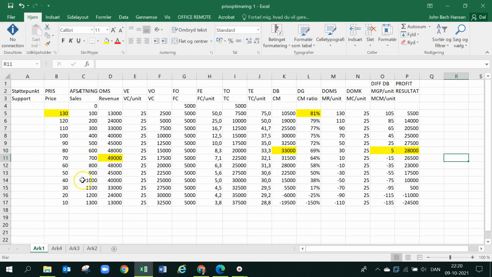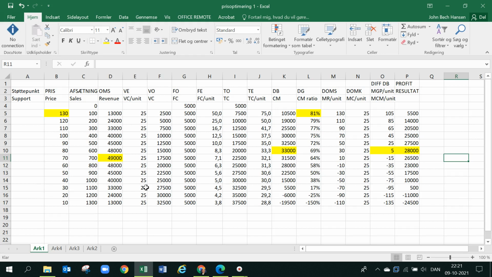Now let's say we have a capacity of 1,000. That's something that economics doesn't like, because that is a capacity that we are not using.